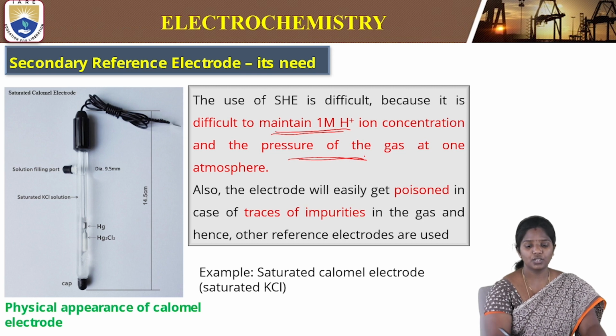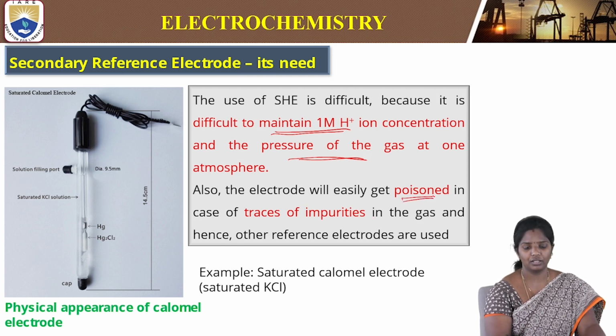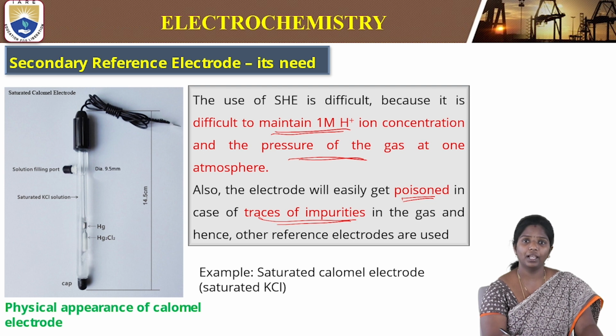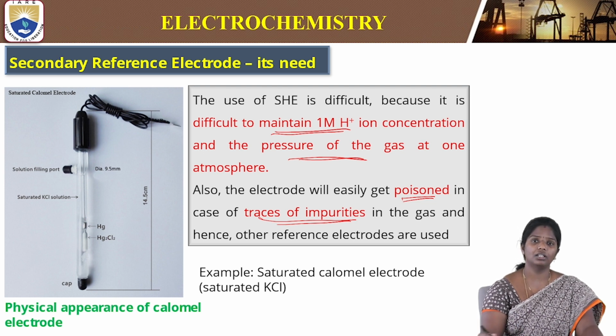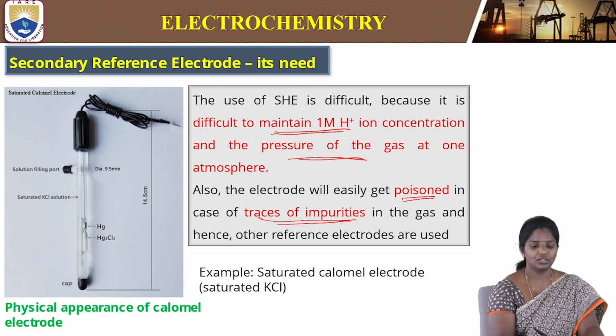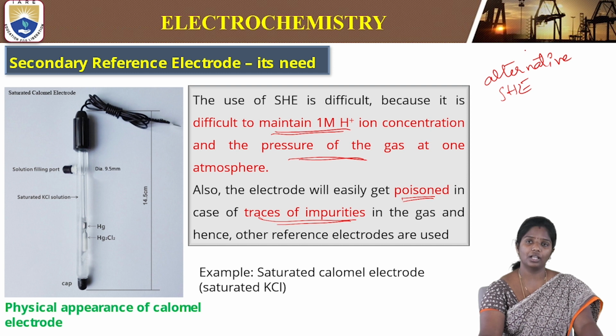One more thing is the poisoning of the electrode due to trace impurities in the gas. The gas should be highly pure, otherwise there is poisoning of the electrode. That is why a secondary reference electrode is used as an alternative to SHE, the standard hydrogen electrode.